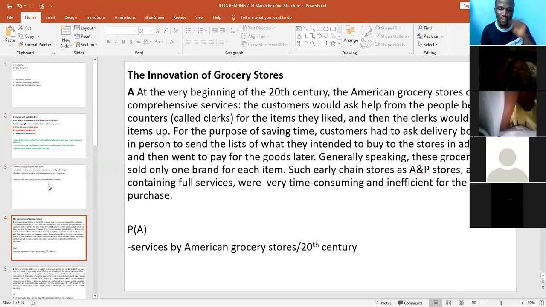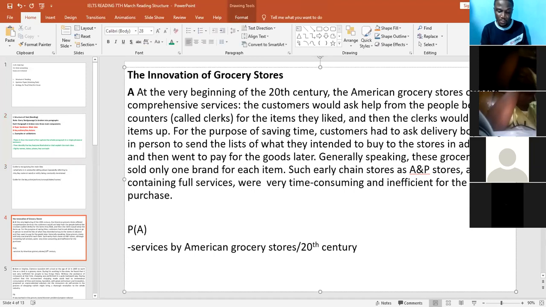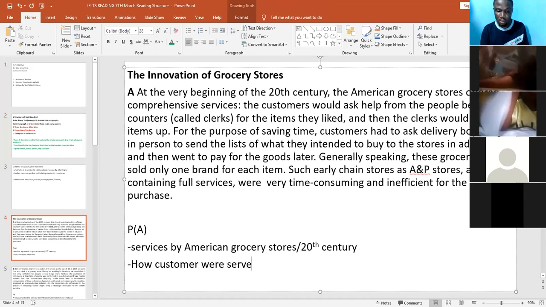Let me go to paragraph 1. Self-service at the American store. What were the other key actions? It depends on you: how customers were served. That's number 1, because he said how they were served.